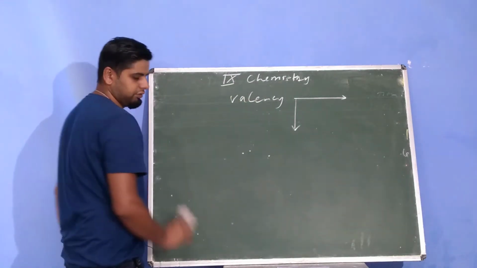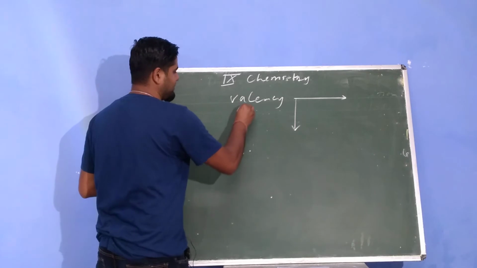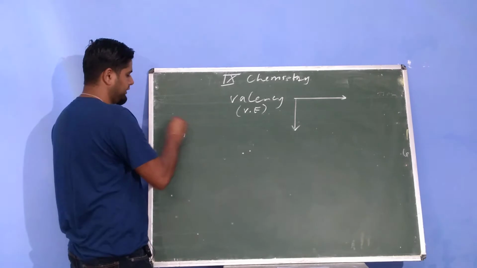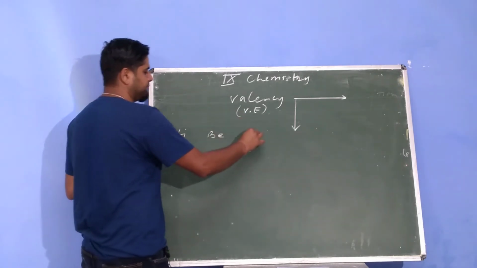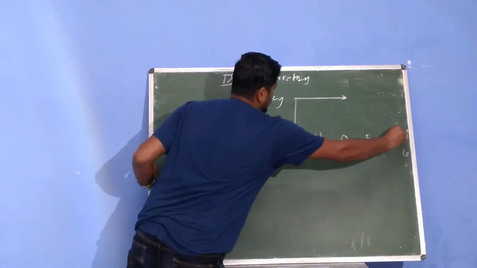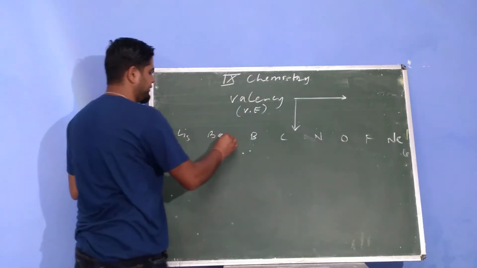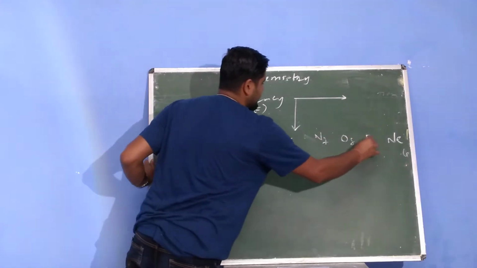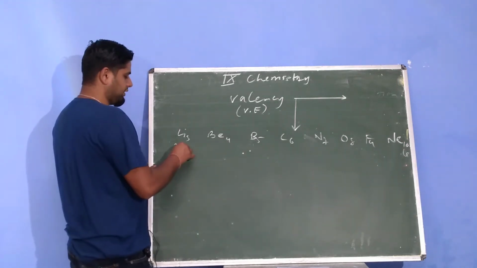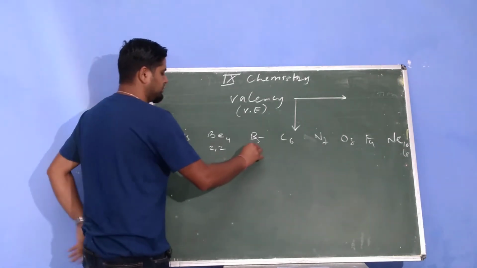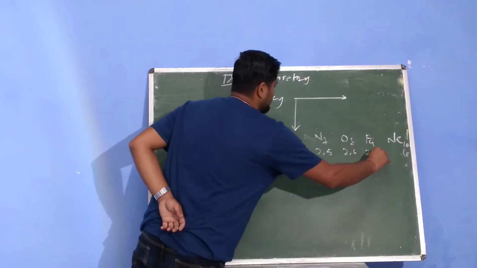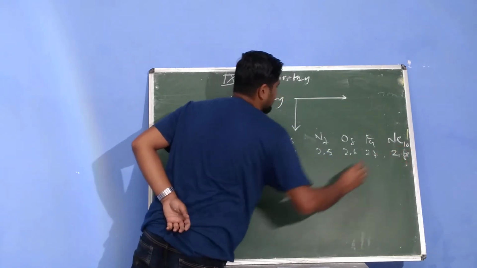I'll write: lithium, beryllium, boron, carbon, nitrogen, oxygen, fluorine, neon. As you know, the atomic numbers are 3, 4, 5, 6, 7, 8, 9, 10. Let us do the electronic configuration: 2,1; 2,2; 2,3; 2,4; 2,5; 2,6; 2,7; 2,8.